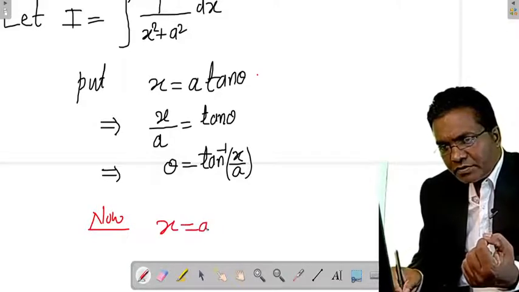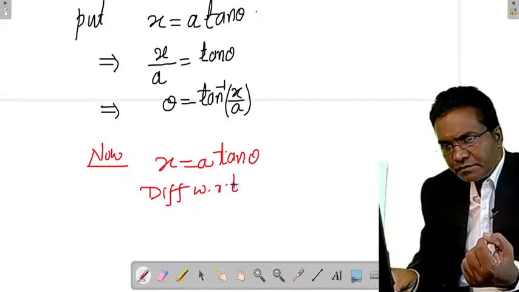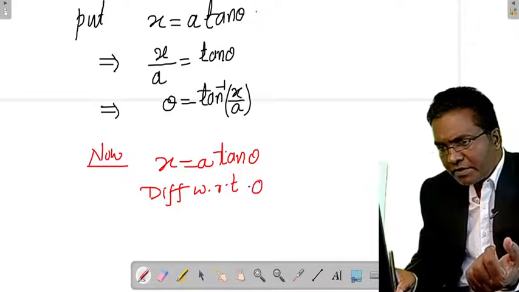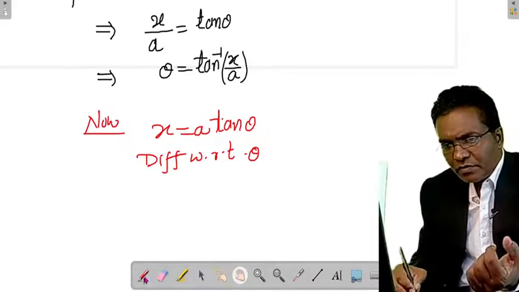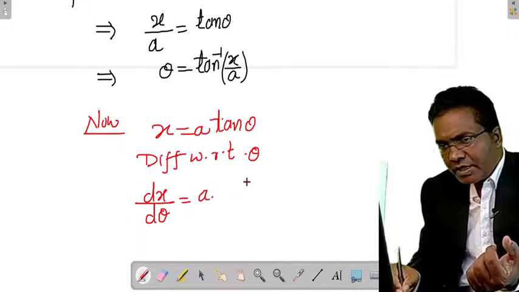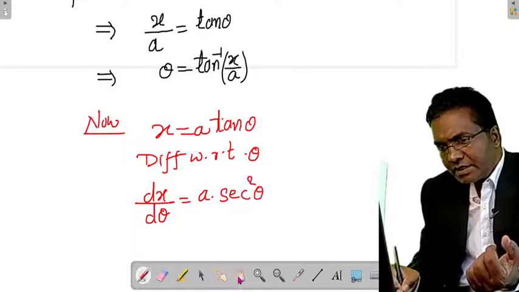Now x is equals to a tan theta. Differentiate with respect to either theta or x, no problem. If we differentiate with respect to theta, what will we get? dx by d theta is equals to a into derivative of tan theta, which is secant square theta.